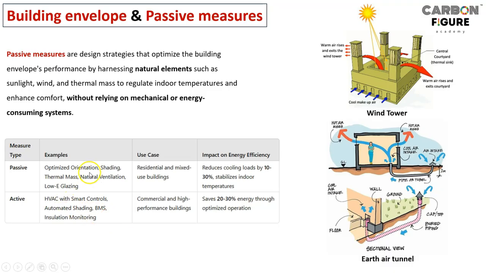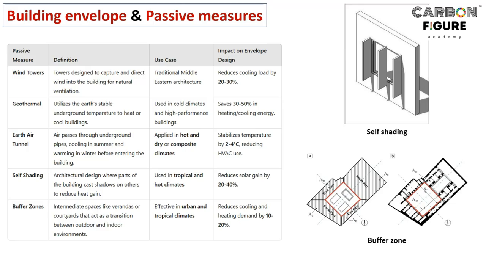So that's what there is, passive and active. So optimized orientation, shading, all these things come under passive. Active means you are installing additional material onto the building so as to regulate the heat and indoor environment. That is active, right? So passive measures, these are the different options: wind towers, geothermal, earth air tunnel, self shading, and buffer zones.